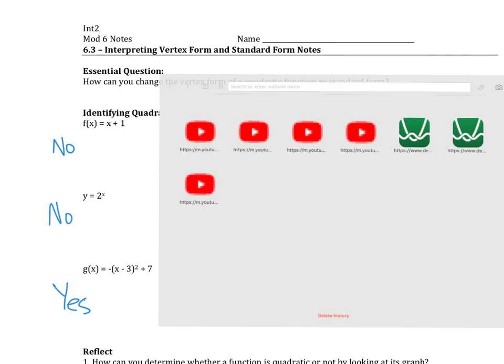So as we look at those three graphs as well, we can see that the red one, the blue one, and the green one are all different. The first two are no, so that red one is a linear equation. The blue one is what we call an exponential equation, and the green one is our quadratic.